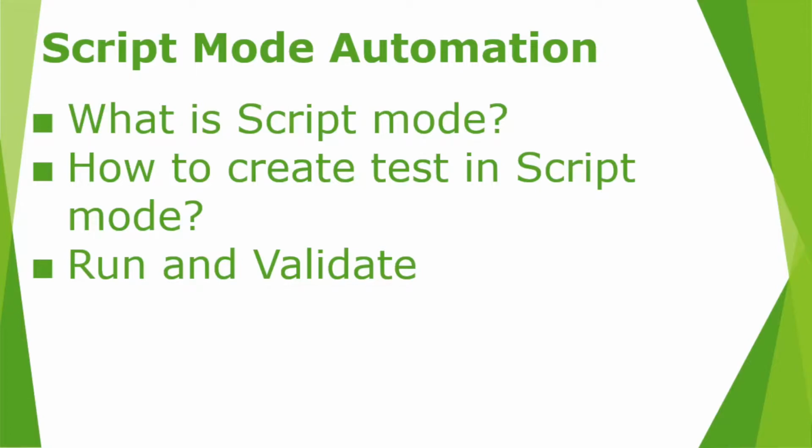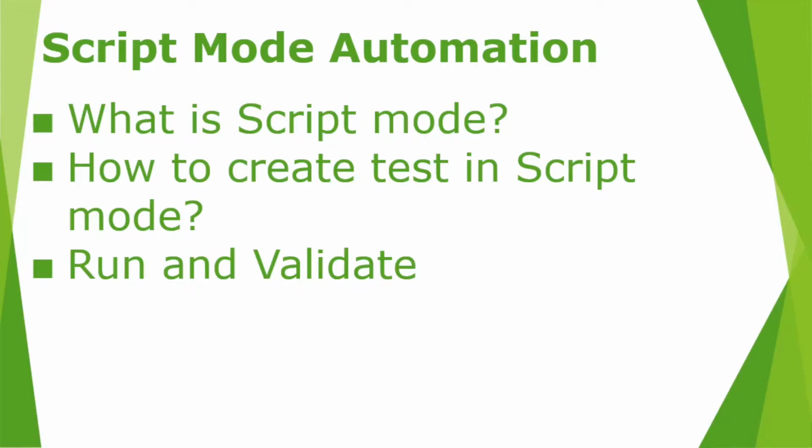So I'm going to teach you how to create test cases in scripting mode. And also I'm going to teach you how we can run and validate the automation scripts whenever you perform automation by using scripting mode.